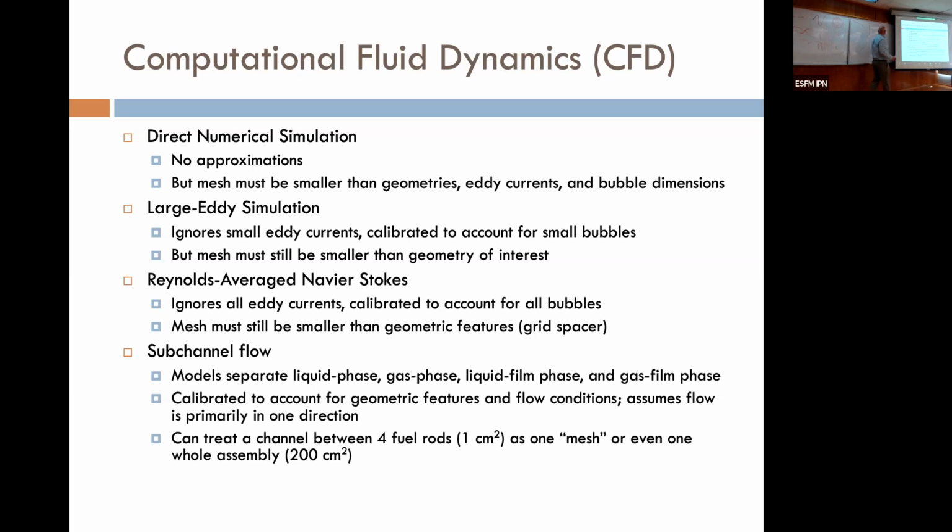And similarly, with Reynolds-averaged Navier-Stokes, we're not going to model bubbles individually. That's way too complex. We're just going to have an effective fluid velocity and a gas velocity, and they have their own velocities, and we're going to treat it that way. But we still have to make sure that we mesh this smaller than these grid spacers.